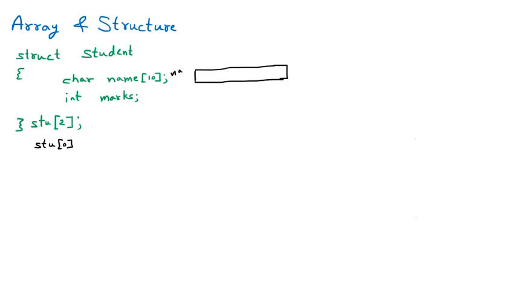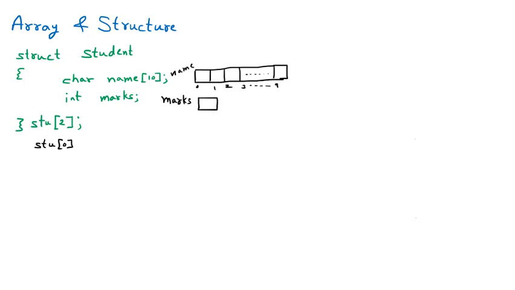So that is name, assuming it can store the 10 elements starting from 0, 1, 2 and 3 up to the 9. So this is the 9th element. So 10 elements it can store. Now marks. So there is one marks also there. So one block is declared for the marks, and that is for the stu0.